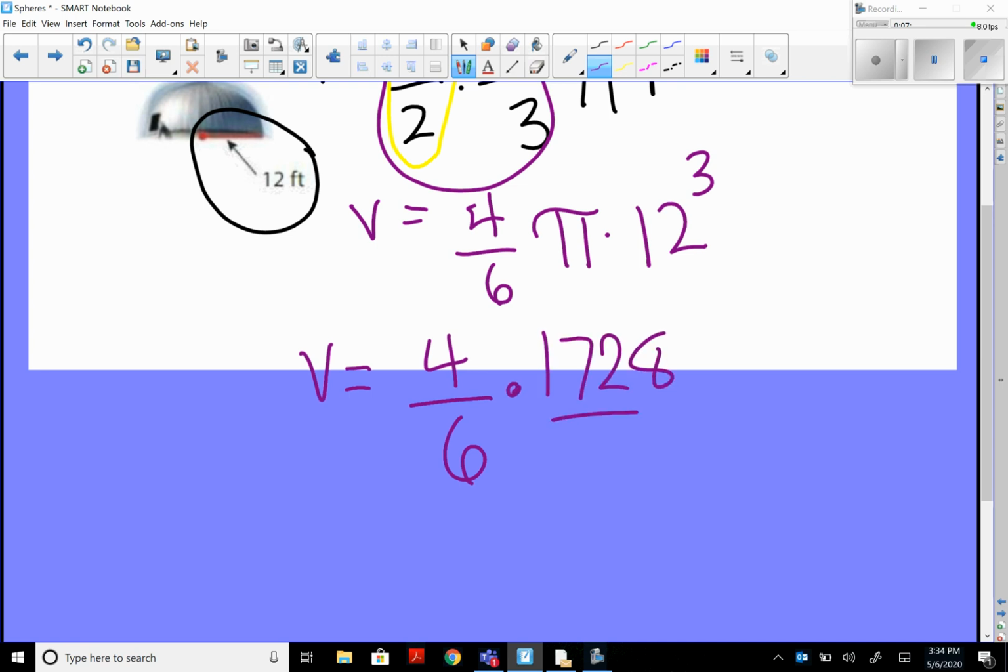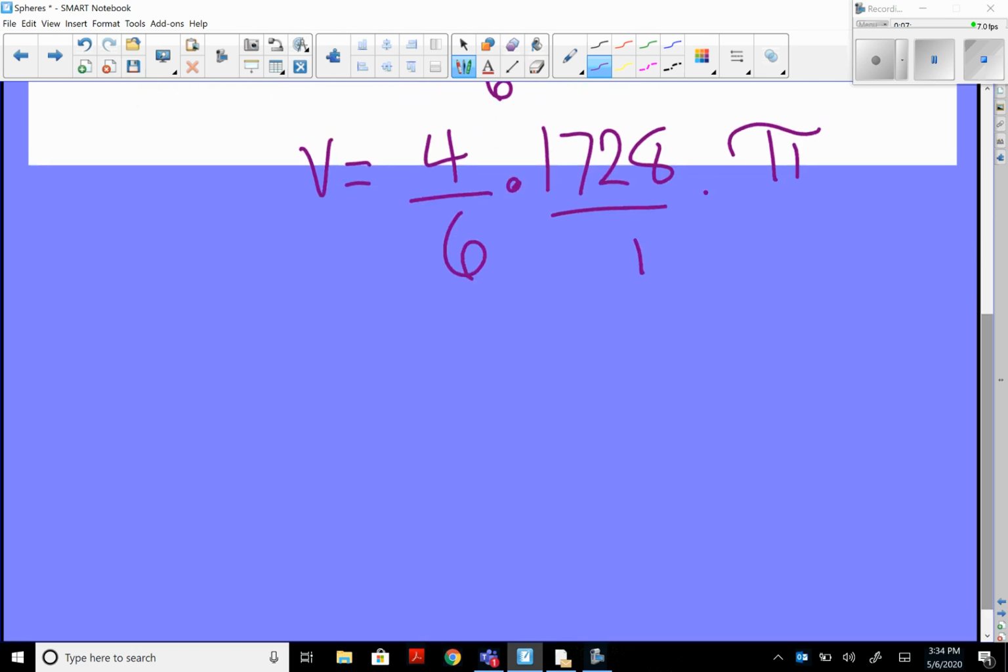So I get 4/6, and remember I can write in any order that I want, times 1,728 times pi. So now with my calculator, I'm going to go ahead and multiply the 4, which is the numerator of the first fraction, by the 1728 in the second fraction. And I can go ahead and multiply my denominators as well, because 6 times 1 is just 6. So I get 6,912 over 6 times pi.